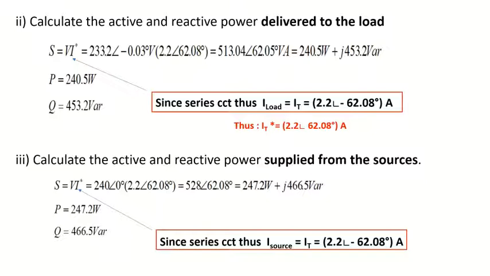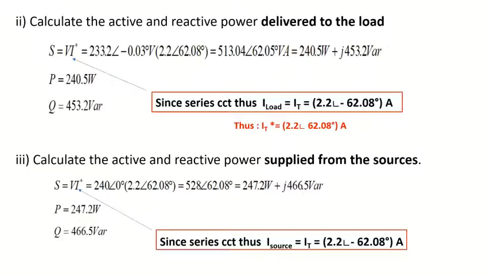From the multiplication of V and I, you get the apparent power of about 513.04 with 62.05 degree VA.